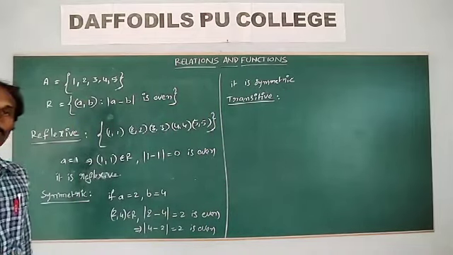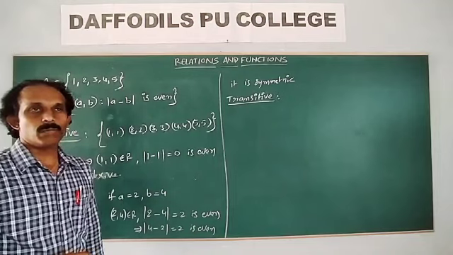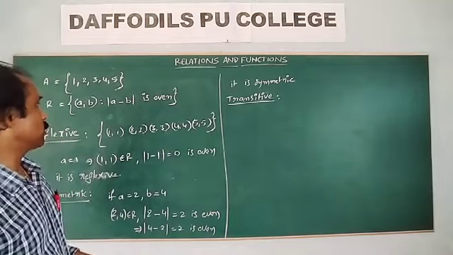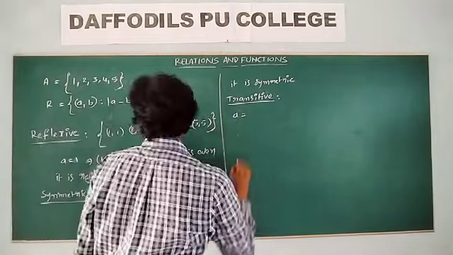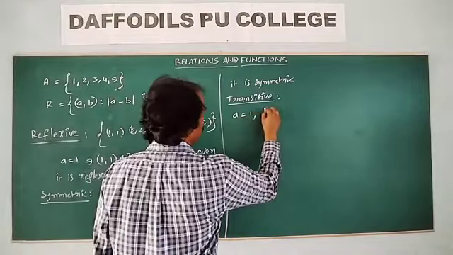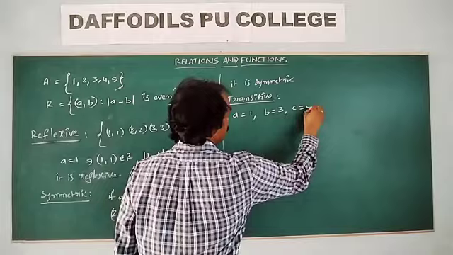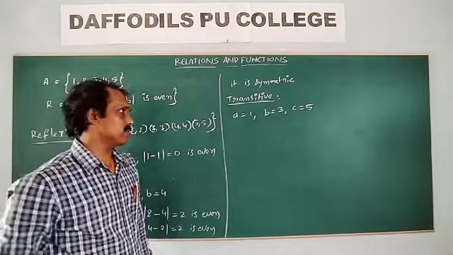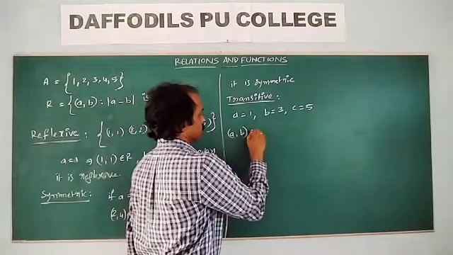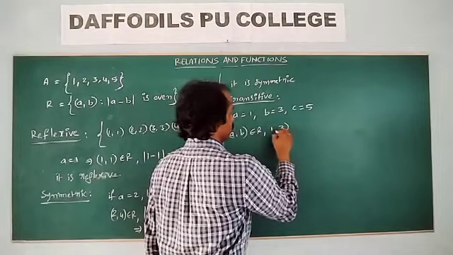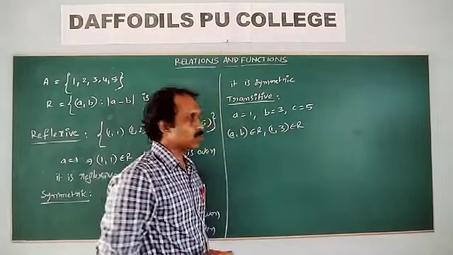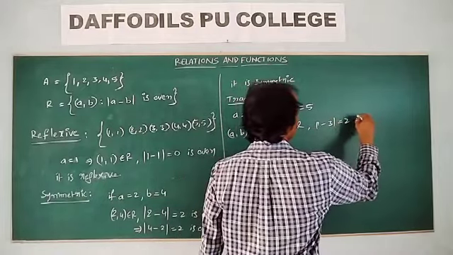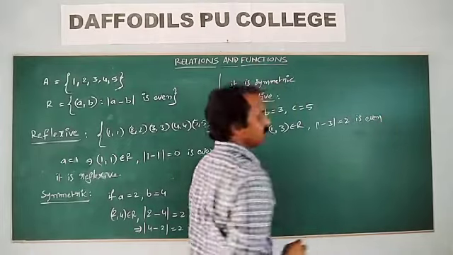Next, transitive. If (a, b) belongs to R and (b, c) belongs to R, then (a, c) also belongs to R. Suppose a is equal to 1, b is equal to 3, c is equal to 5. (1, 3) belongs to R means 1 minus 3 is equal to 2, which is even.